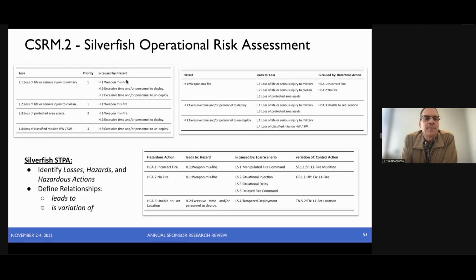Then the next step is the set of hazards; we had three here: misfiring of the weapon, excessive time to deploy the system, or excessive time to undeploy the system, and how those hazards could lead to the losses we defined. And the next lower level is, now what are the hazardous actions and how are those related?